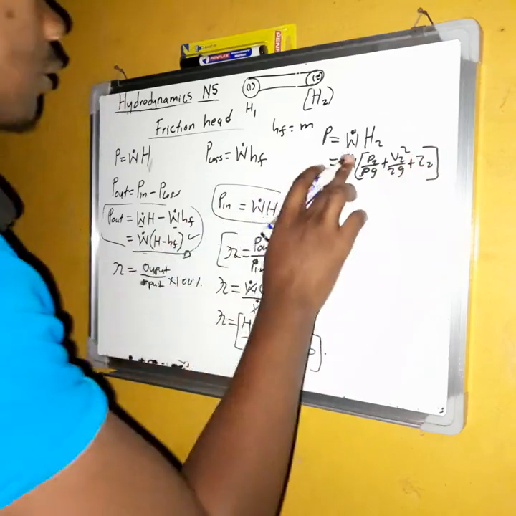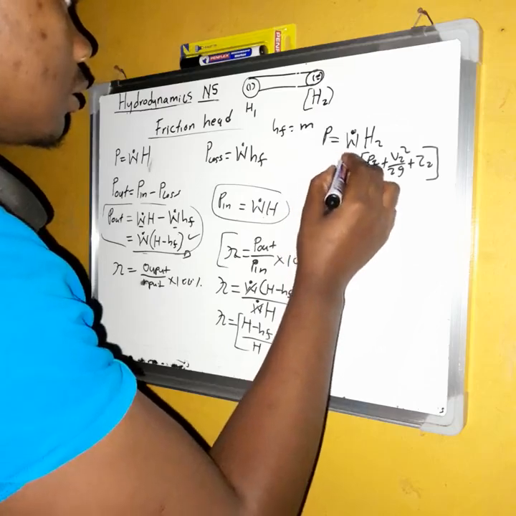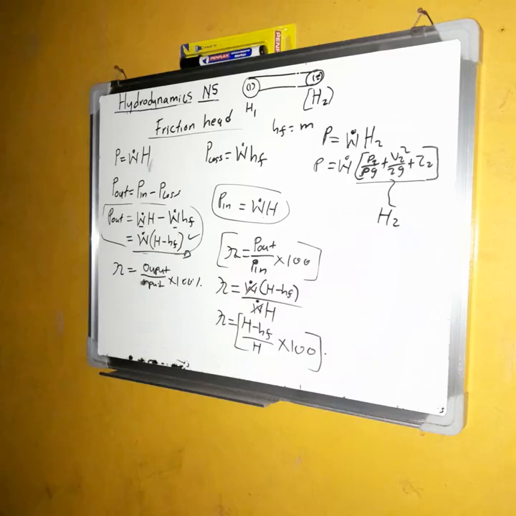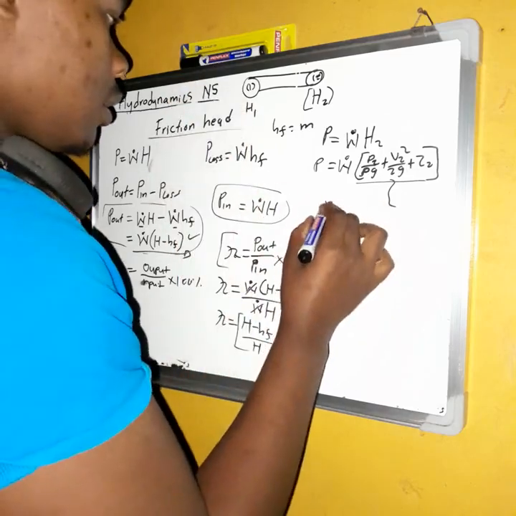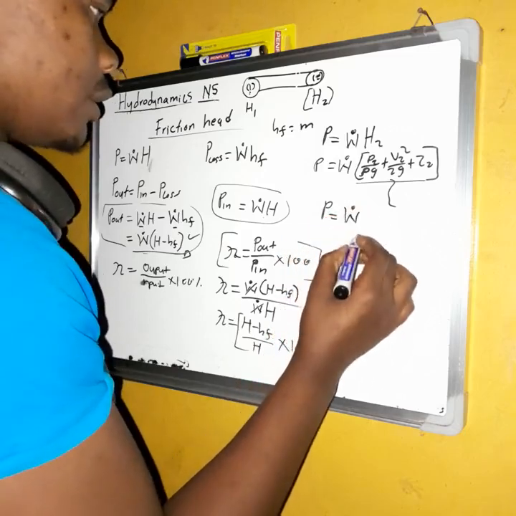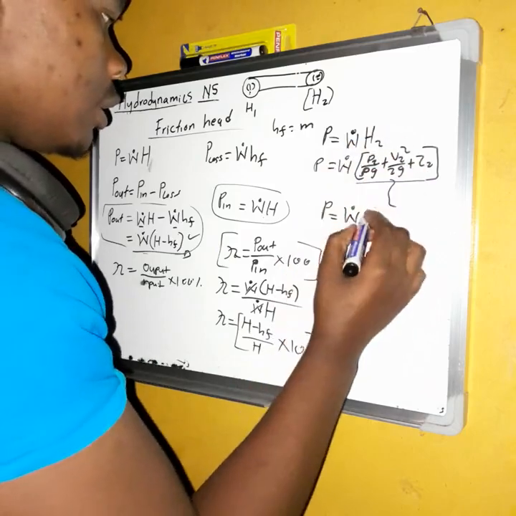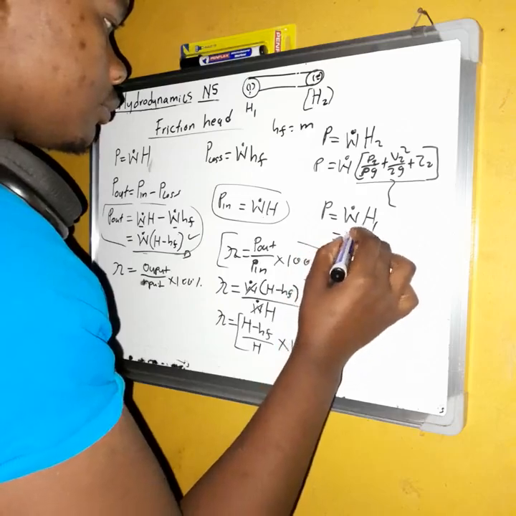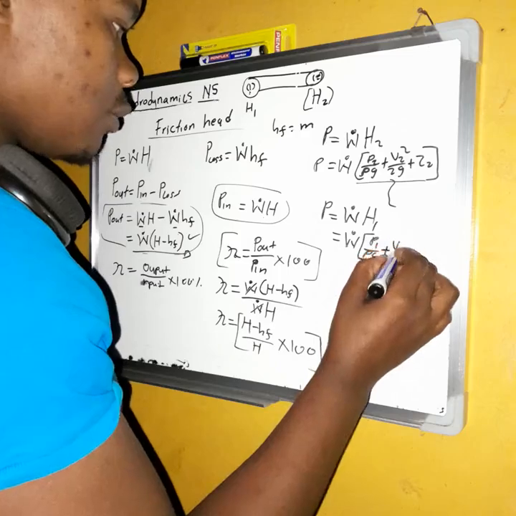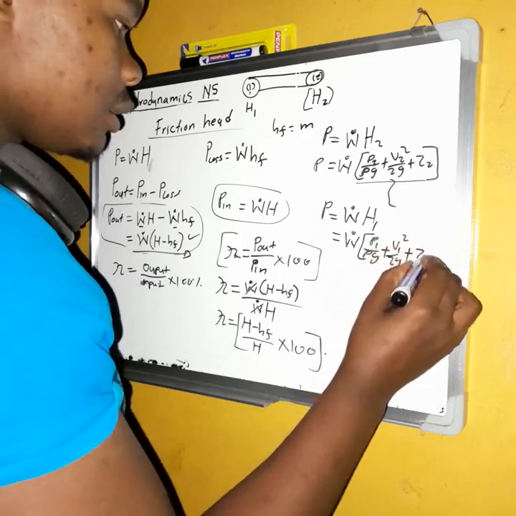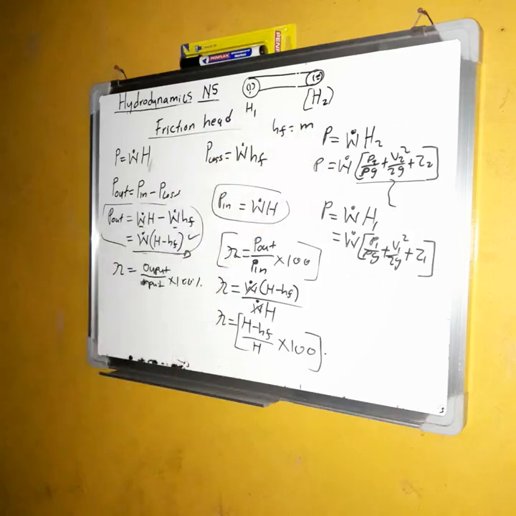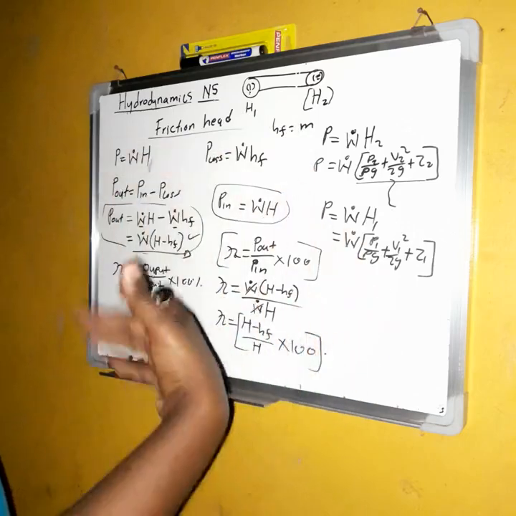If you want to find power at point 1, at diameter 1, we'll have W times H1, where H1 is P1 over density times gravity, plus V1 squared over 2G, plus Z1. You just substitute the values there.